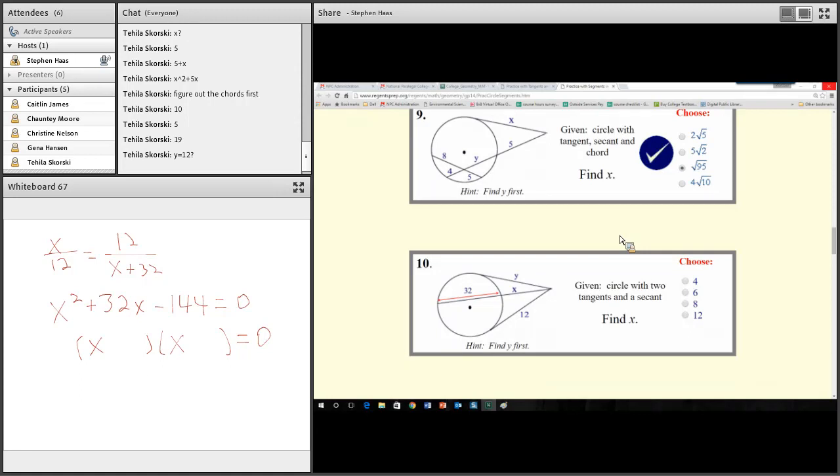Yeah, okay, that's the only one that works. So it has to be positive 36 and negative 4. That'll get you up to 144. So on this side you got x equals negative 36, and on this side you have x equals positive 4. So this is the value you take because it's the positive value. Okay.